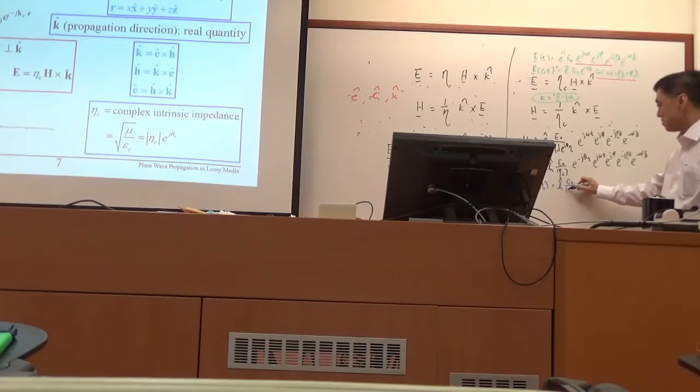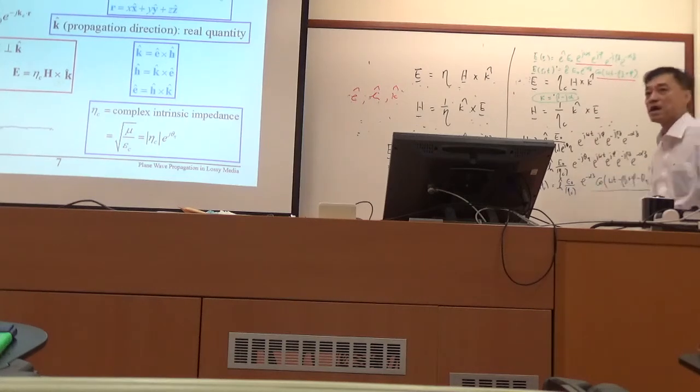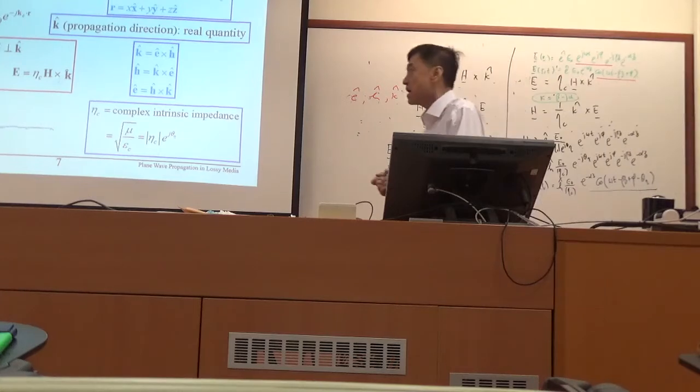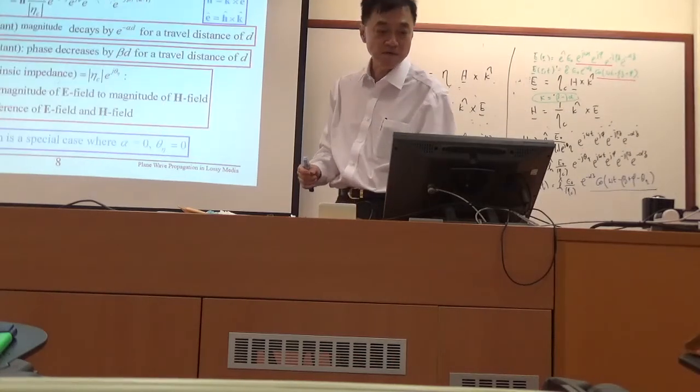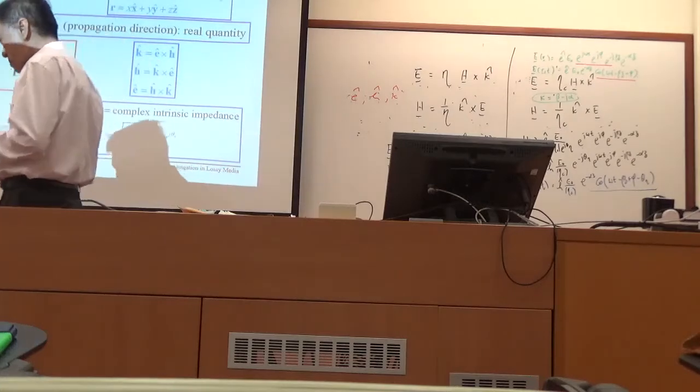So this is the magnitude, and everything else goes into the cosine. There you go. That's what the next slide is all about. Alright, one more time, I'll start one more time.